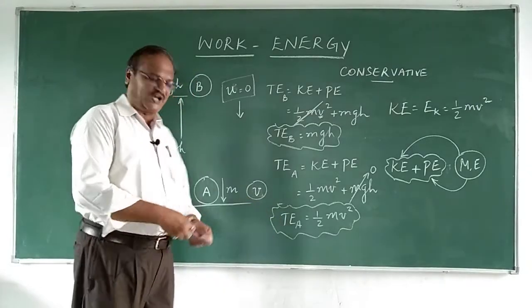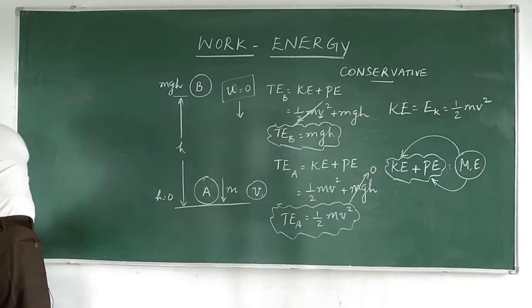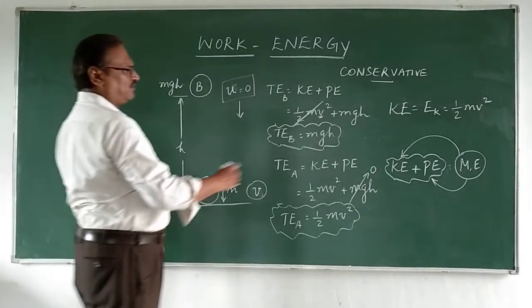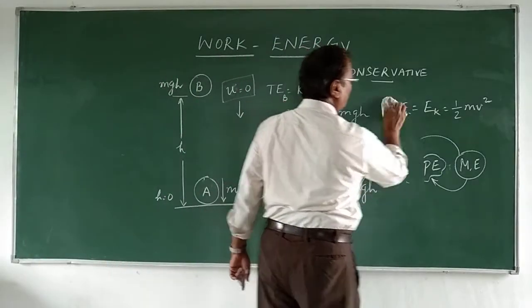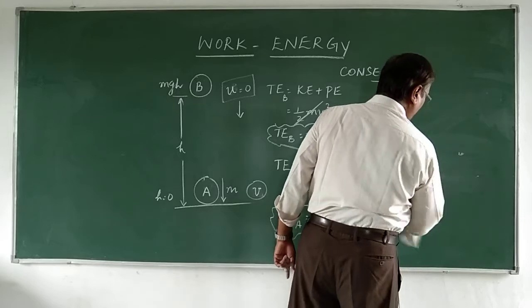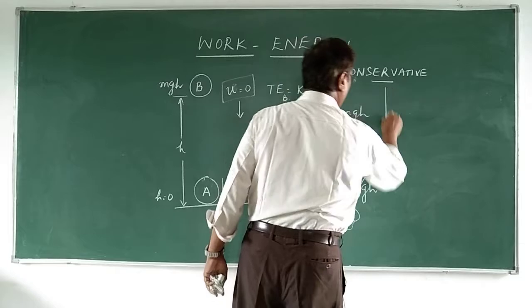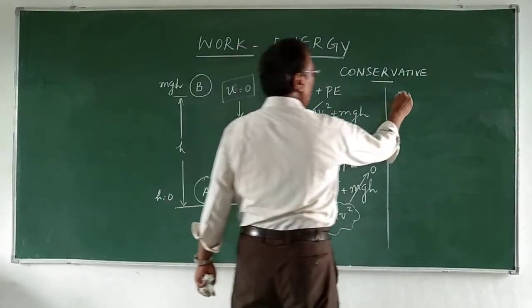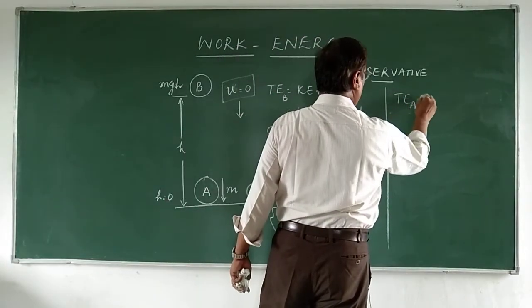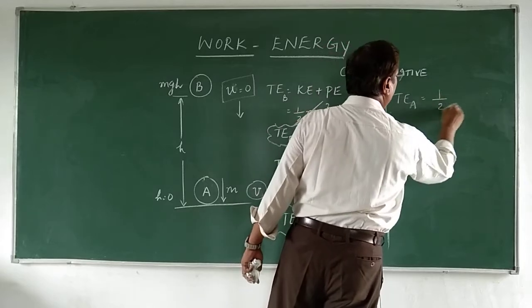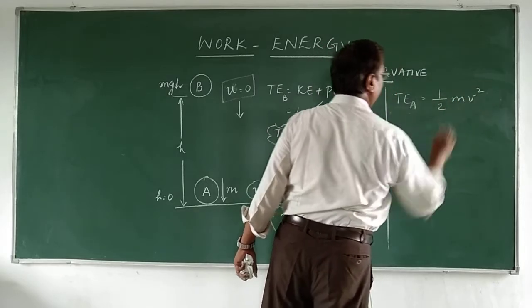Yes, we can prove it now very easily. It just requires a little bit of changing of the points from one to the another. If I prove that, I am going to prove something much bigger, right? I know that total energy at A is equal to half mv square.